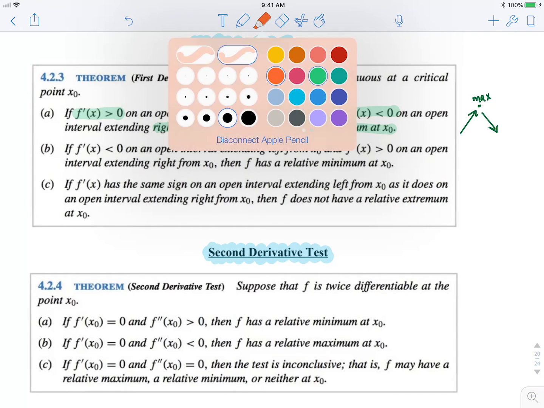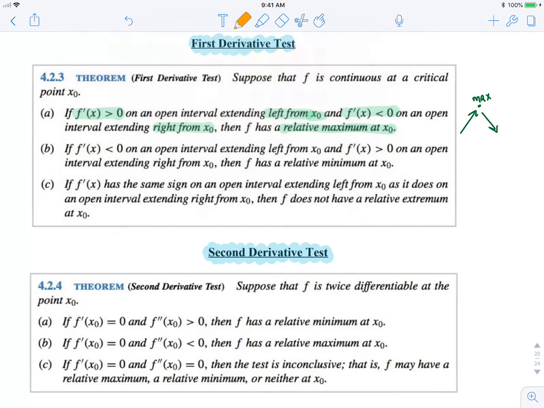The second idea is if it's less than 0 from the left and greater than 0 from the right, then there has to be a relative min, and we can visualize that, right? Less than 0 derivative means it's decreasing. Greater than 0 derivative means it's increasing, so that point there must be a min.